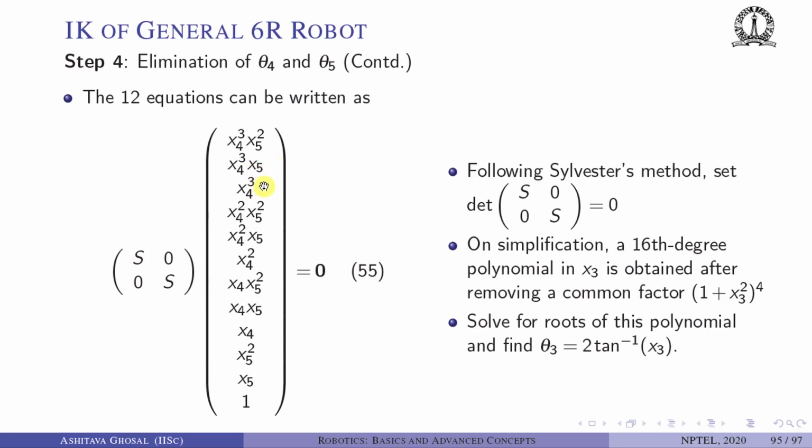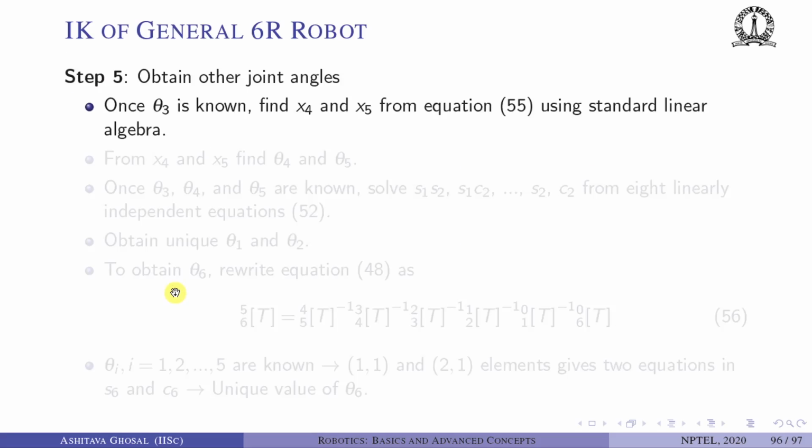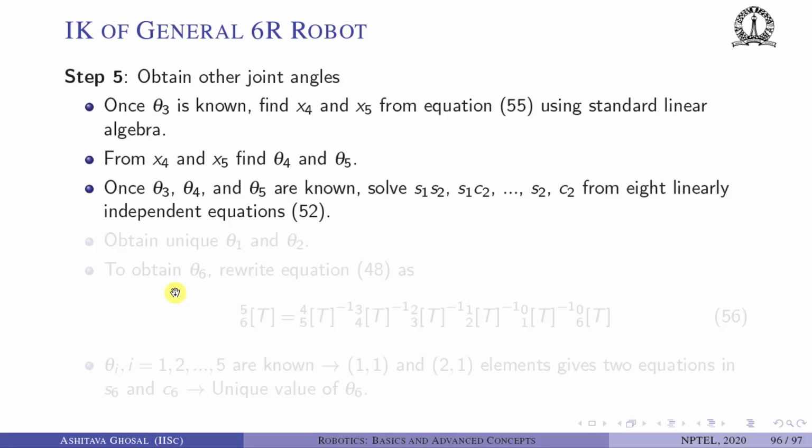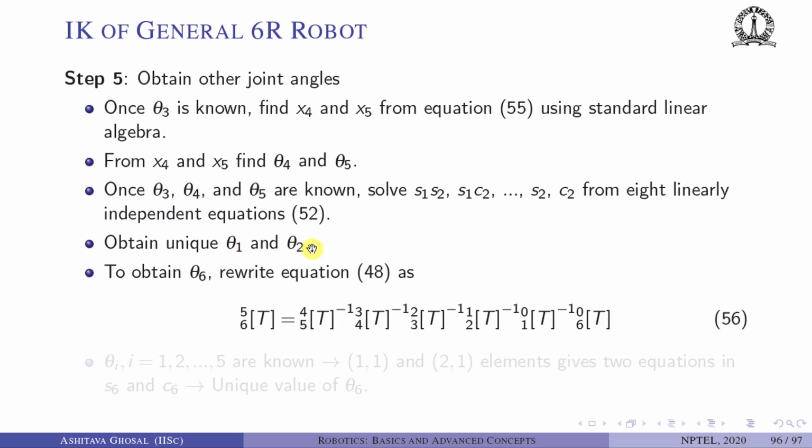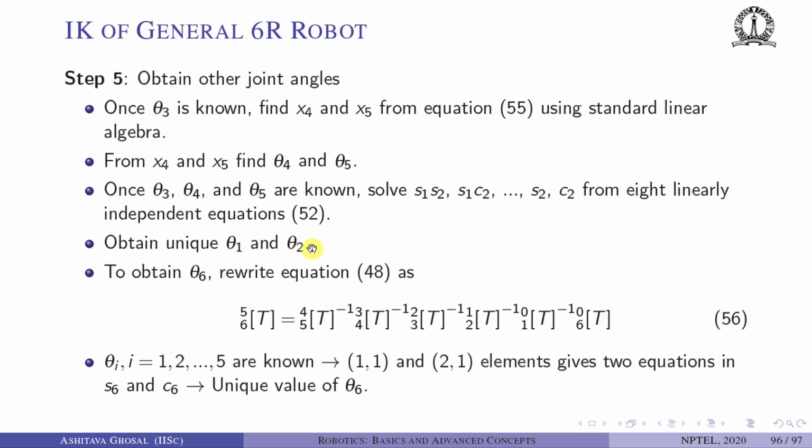Once we know this, we find that whatever is in this matrix is only a function of theta 3, so hence we can obtain theta 3. Once you obtain theta 3, then we find theta 4 and 5. Then once theta 3, 4 and 5 are known, we obtain theta 1 and theta 2, and then finally once all the angles are known, we find theta 6.